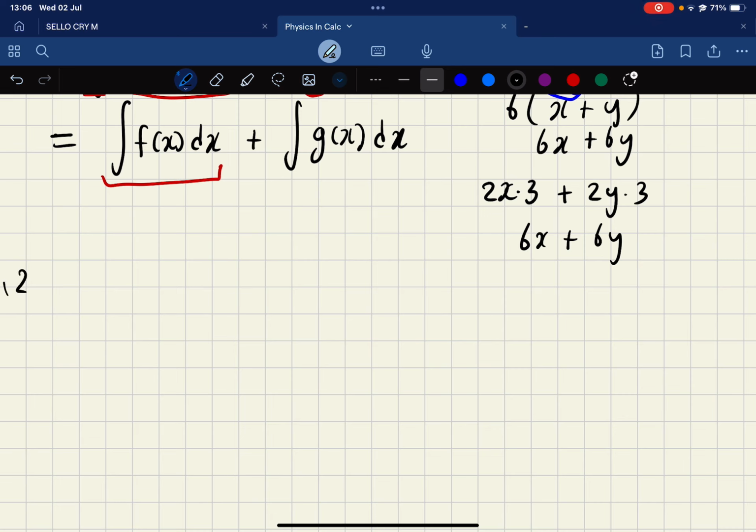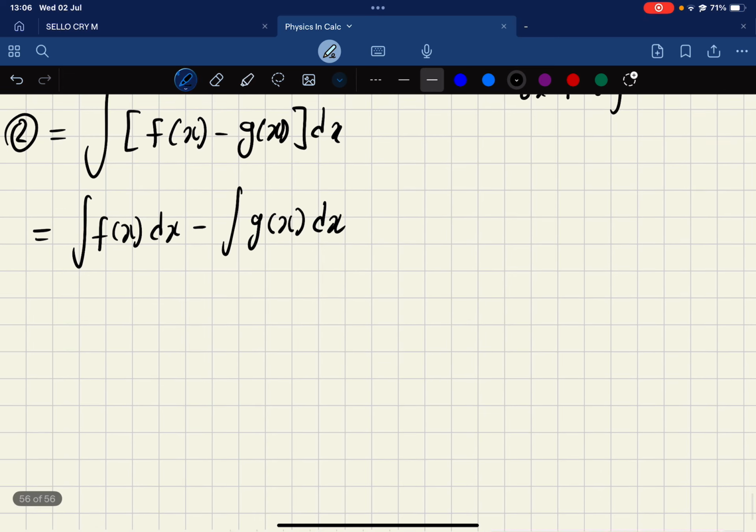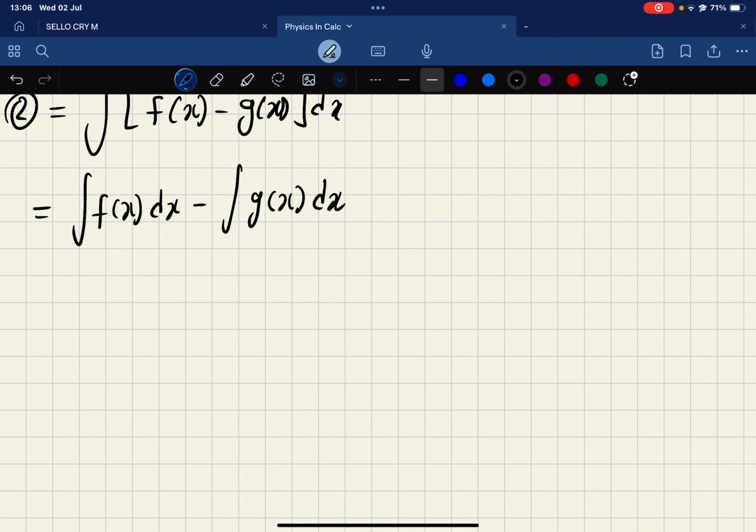Even in subtraction, let's say they want you to integrate f of x minus g of x, dx. You are going to remain with something like the integral of f of x dx minus the integral of g of x dx. That's how it works. So let me quickly check if this is recording. Yes, it is recording. Now, meaning that in addition and subtraction we treat them the same.